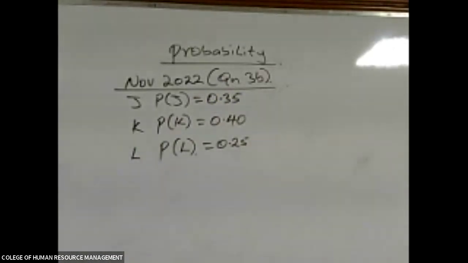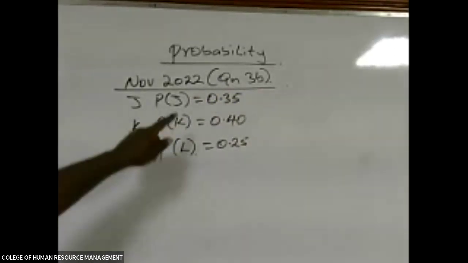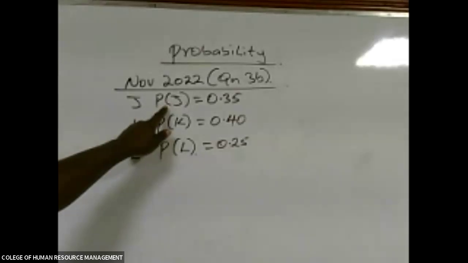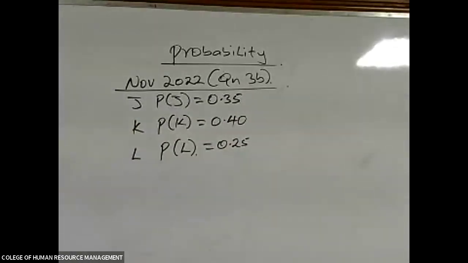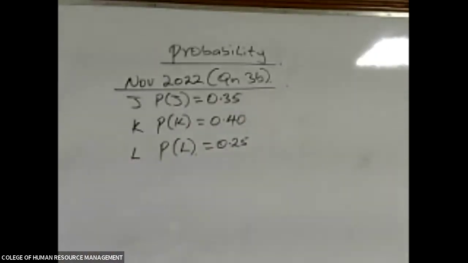So that is one thing that you needed to interpret. The probability that an item is produced by J is 35 over 100, which is 0.35, 40 over 100, which is 0.4, and this is 0.25. Remember, probability cannot exceed 1.